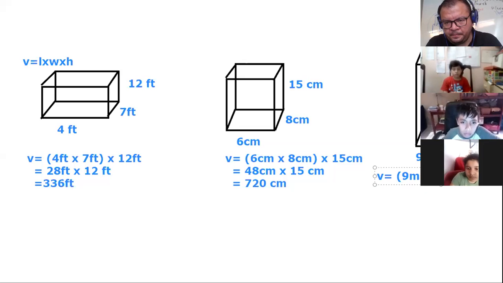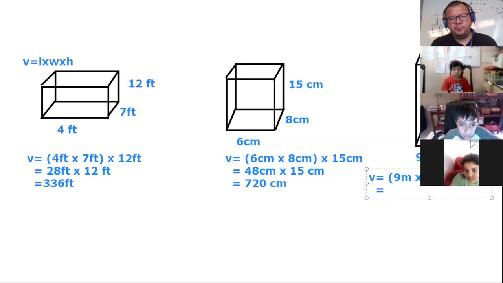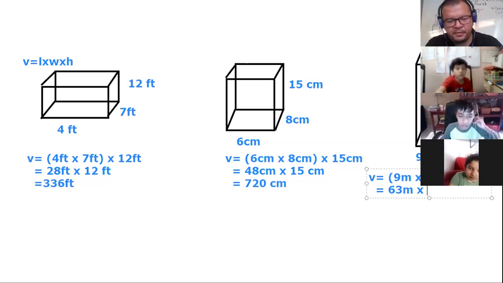So I start: this is equal to 9 times 7, 63 meters squared, times 18 meters, right?